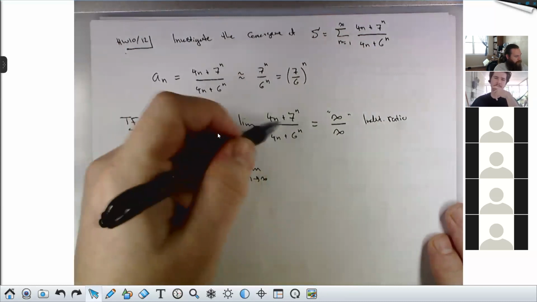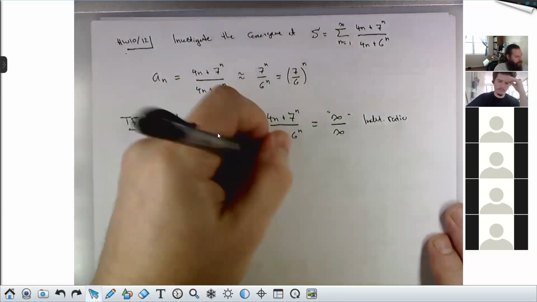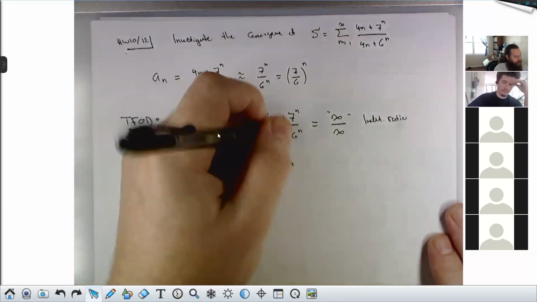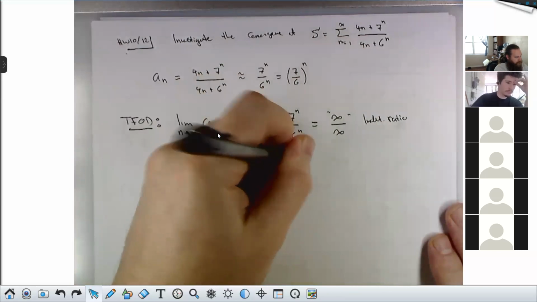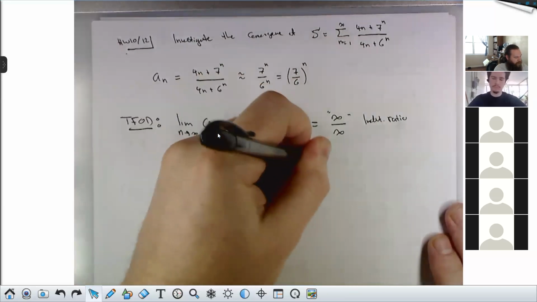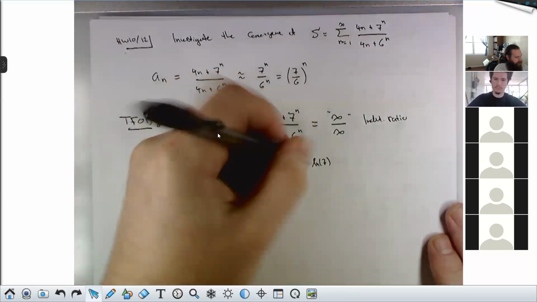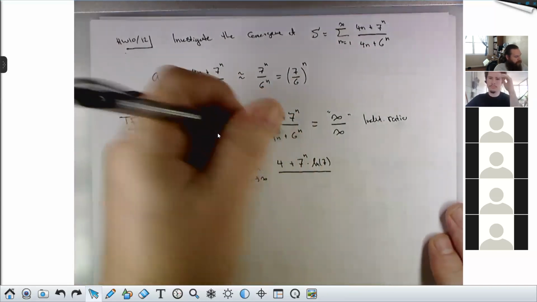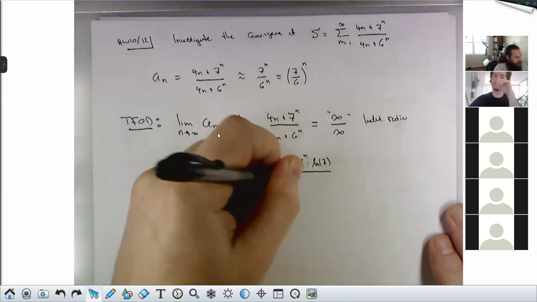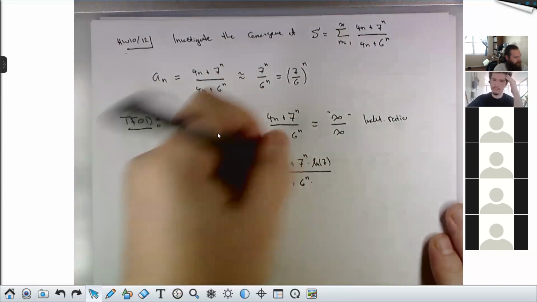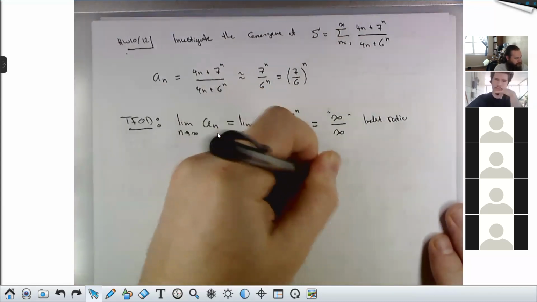The derivative of 4n is 4, plus the derivative of 7 to the n is 7 to the n times the natural log of 7. And downstairs, I get 4 plus 6 to the n times the natural log of 6.